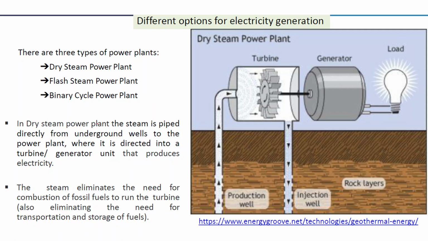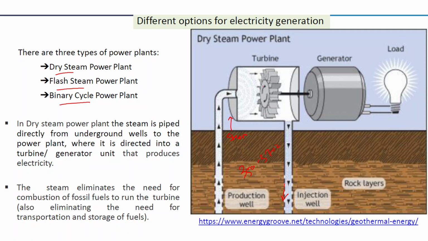Coming on to some different options for electricity generation by geothermal energy. There are three types of power plant. The first one is the dry steam power plant, then the flash steam power plant, and the binary cycle power plant. Dry steam is when the temperature is very high, suppose 350 to 370 degrees C below the earth, then the water injected here will convert directly to steam.